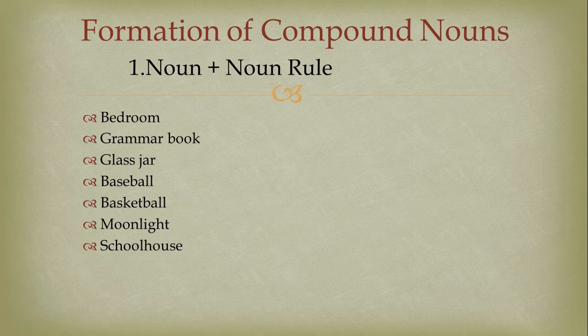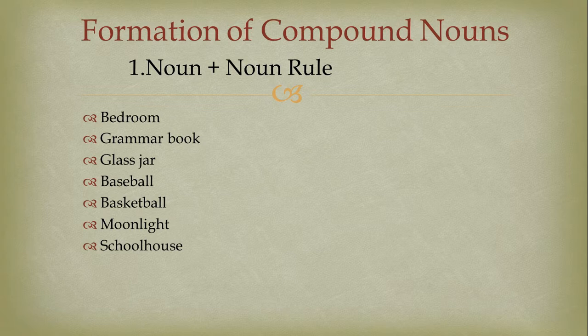Viewers, here in these examples, bed and room. Bed is a noun and room is a noun. When both are combined, a noun, bedroom, is composed. Grammar book. Grammar is a noun, book is a noun. When combined with each other, a noun, grammar book, is formed.